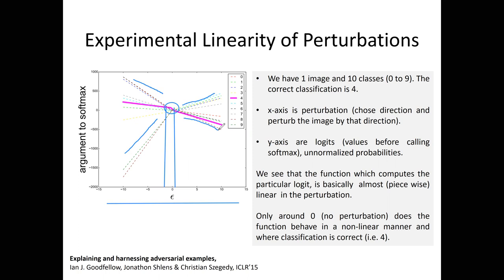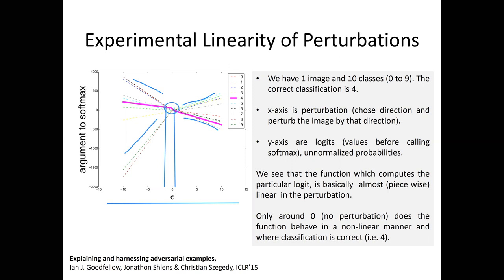So the 4 gets classified to some other value. Over here, for instance, it's classified to this light blue line, which is 5. And over here on the left, this is the brown line, which would be classified as 8.